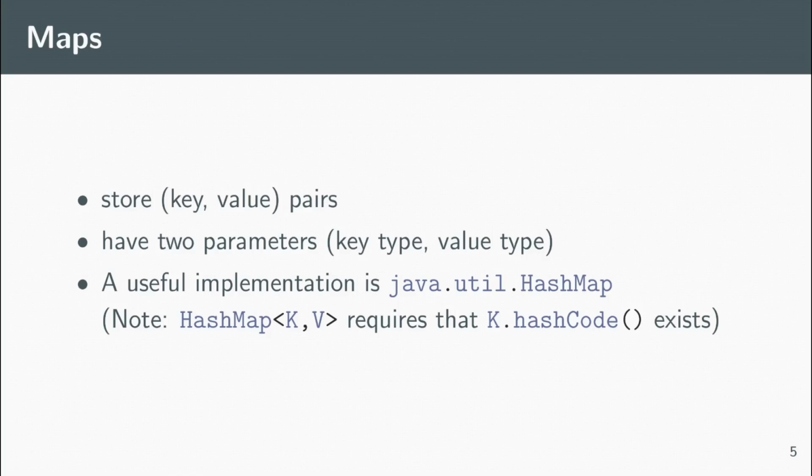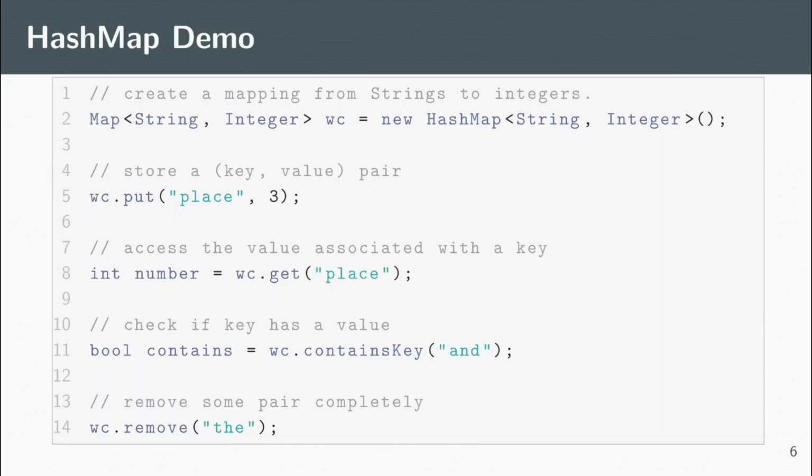Here's a demonstration of HashMaps, very similar to the code that we've seen before. We declare and instantiate a variable called WC here, which is short for word count. That will be a map from strings to integers. In particular, it will be a hash map from string to integers.